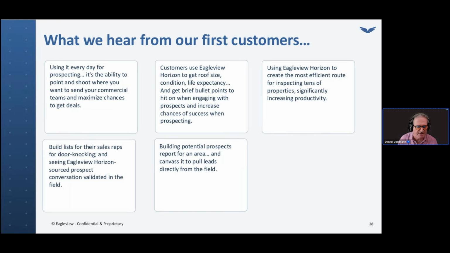So what is the most effective, or most efficient, route for me to do that? The tool can reason and help you do that. So it really gives you more arguments when you go door knocking, sending your commercial team with the right arguments at the right place. And you can also build lists of reports or lists of properties with all the information you need, in whatever way is convenient for you to use.